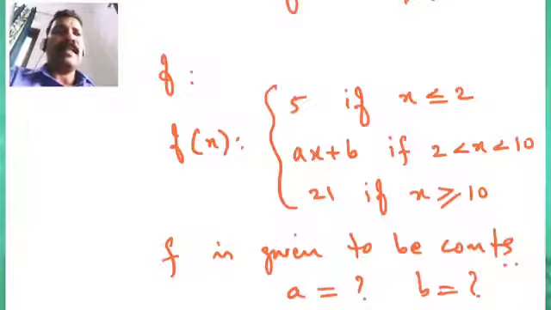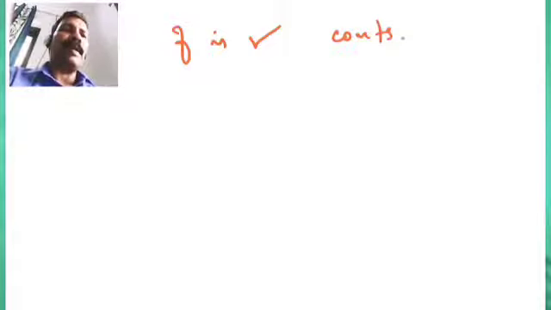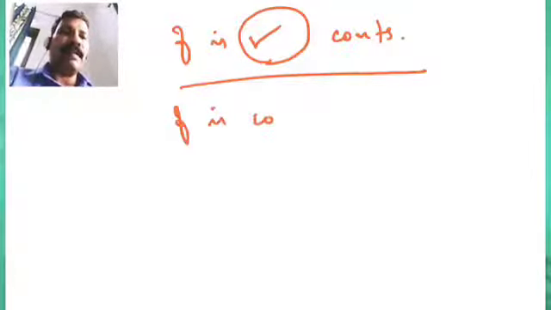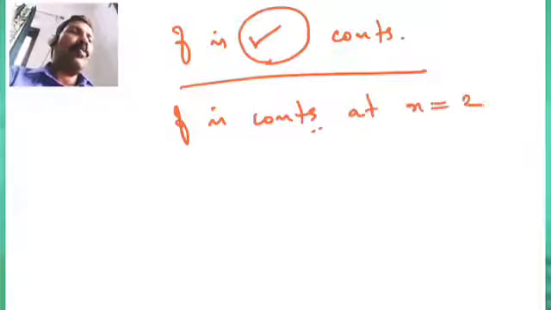So you can see what is happening here. Since f is given to be continuous, it is continuous at every point. In particular, f is continuous at x equal to 2 and at x equal to 10.